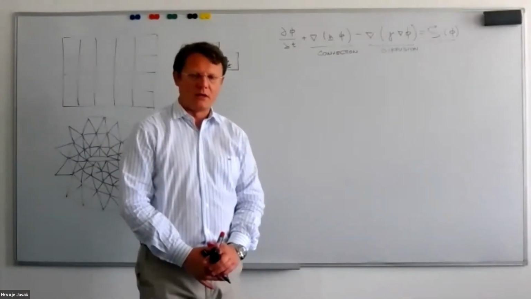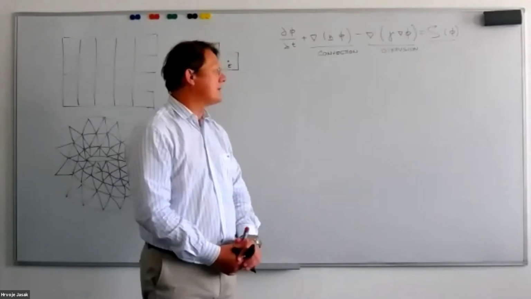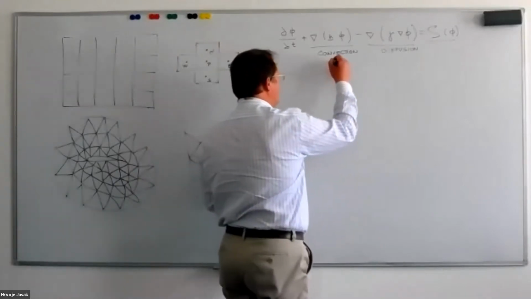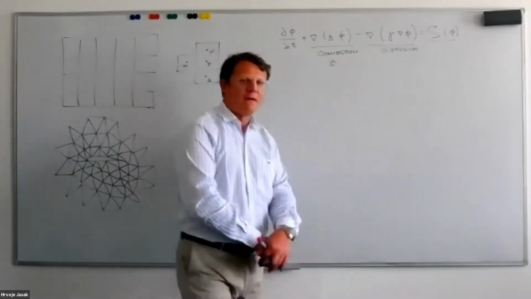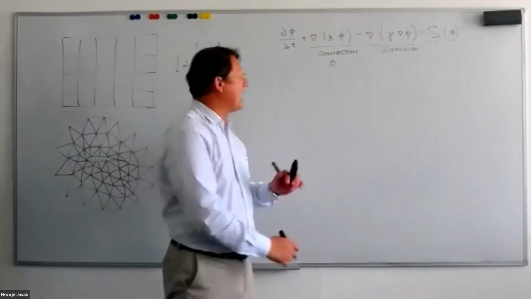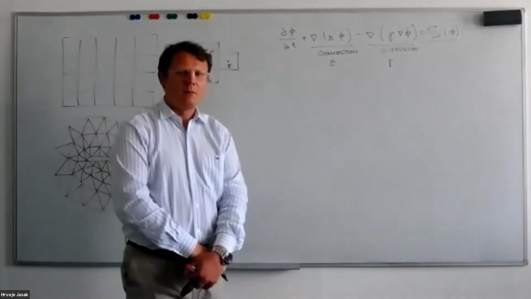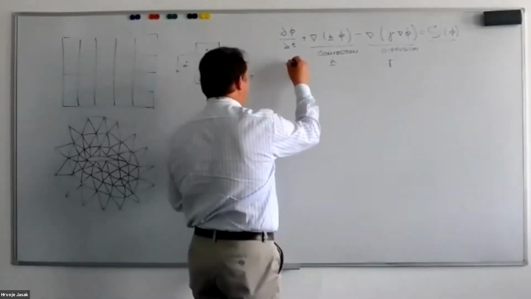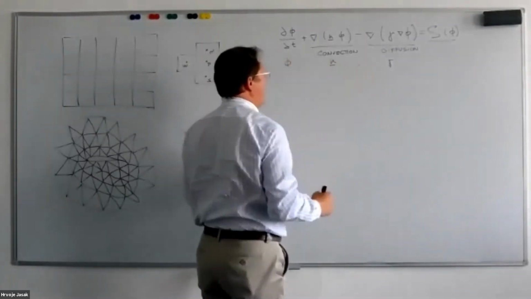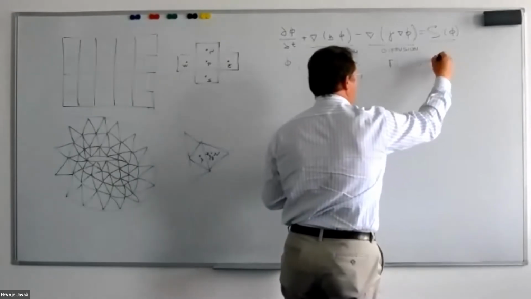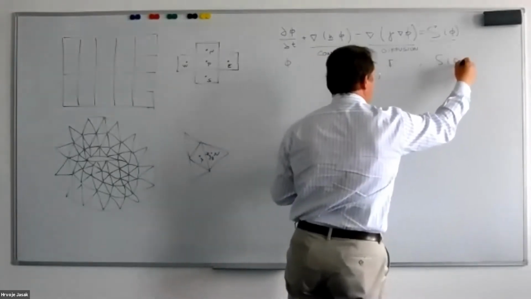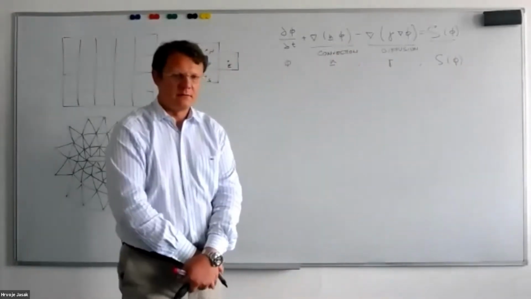The two properties that follow with this equation is u, which is my convecting velocity, and gamma, which is my diffusivity. Please note that phi, u, and gamma, as well as s of phi, are fields.